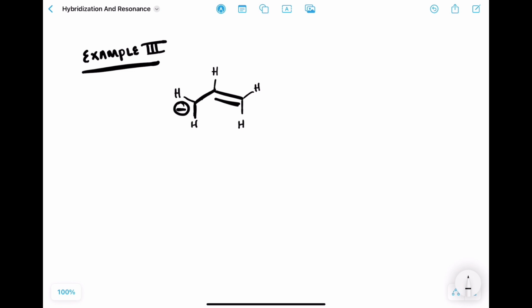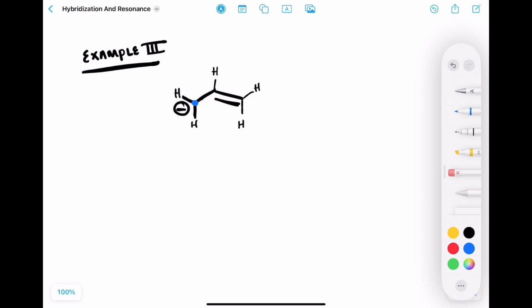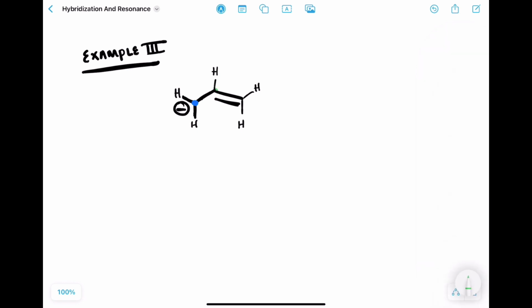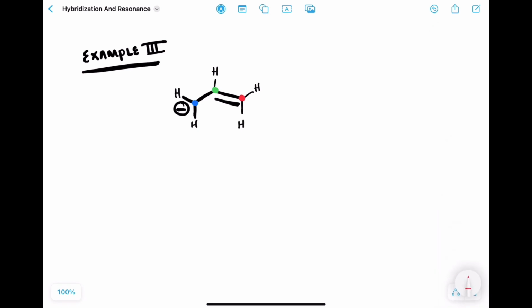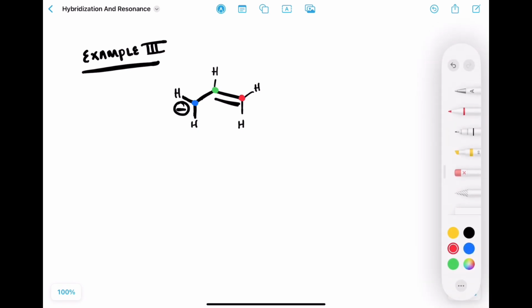And so how many electron domains do I have on each of these atoms? So I'll color that one blue. I'll color this middle one green, and then I'll color this final one red. And so these carbons, when we look at the hybridization, remember we're asking you for hybridization of specific atoms, the green, the blue, and the red.